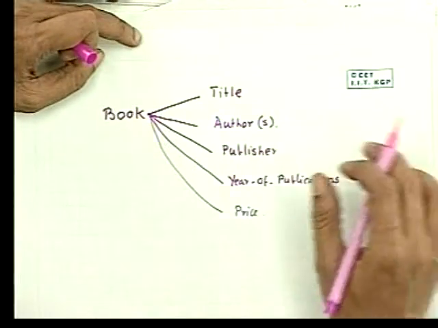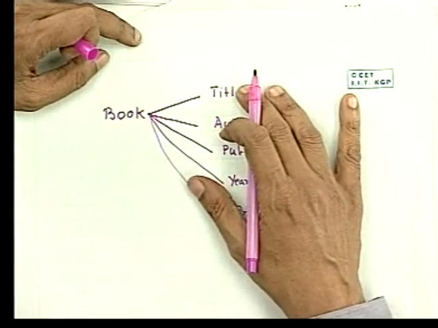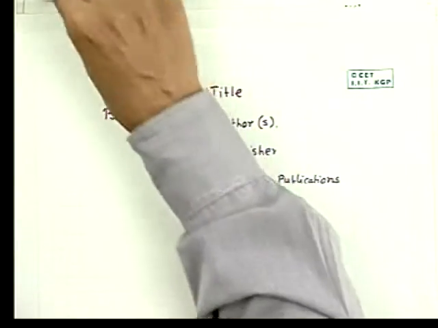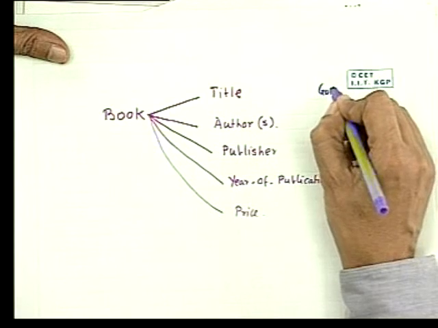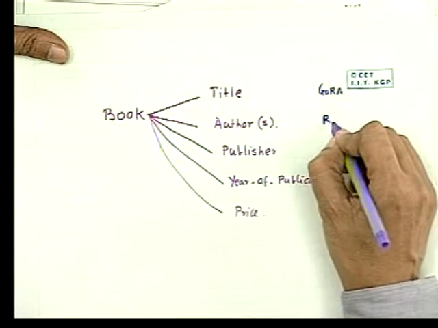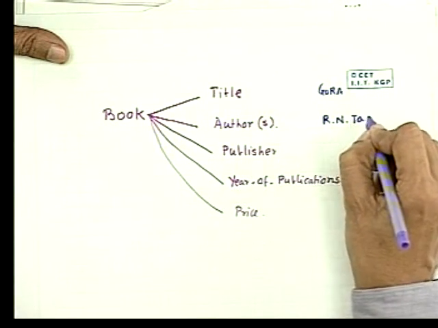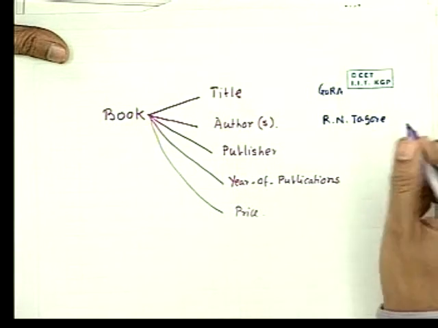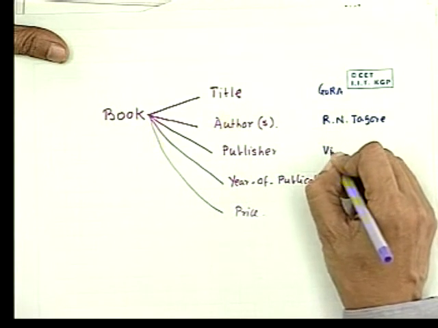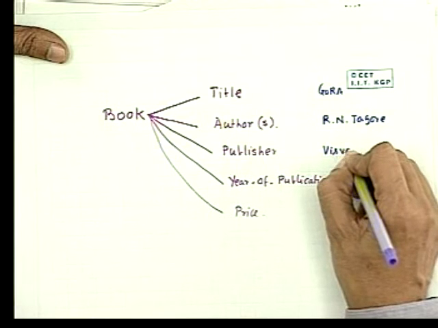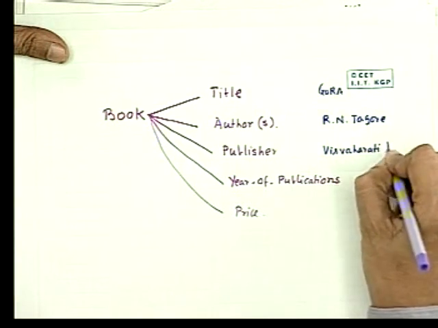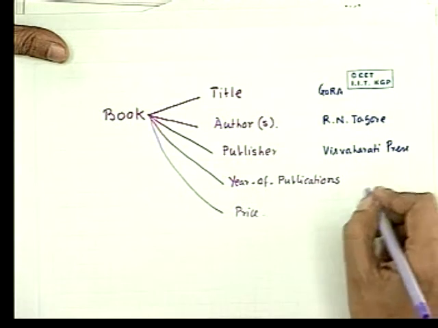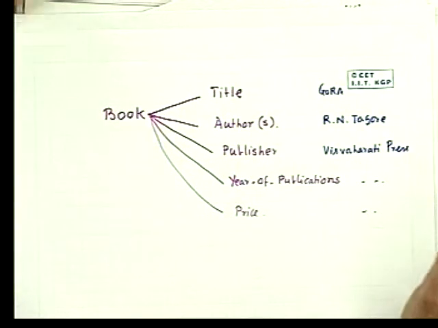So when we talk about Gora, written by Rabindranath Tagore, we can think it out. Gora is the title of the book. Author is R.N. Tagore. Then the publisher is, say, Vishwabharati Press. The price and the year might be something.